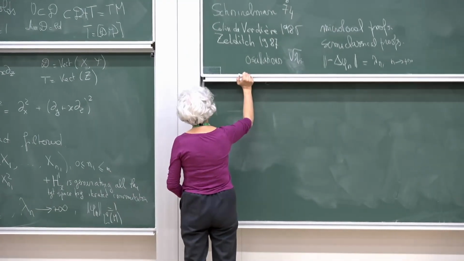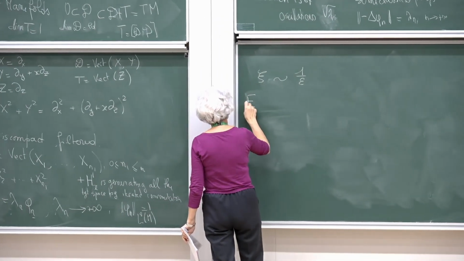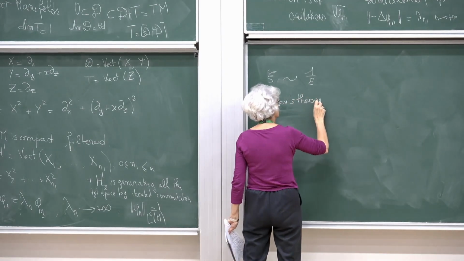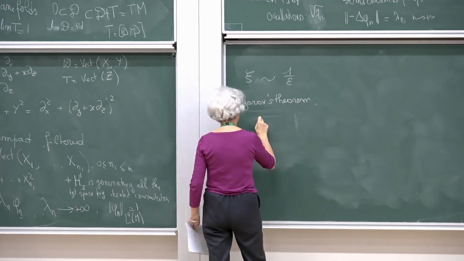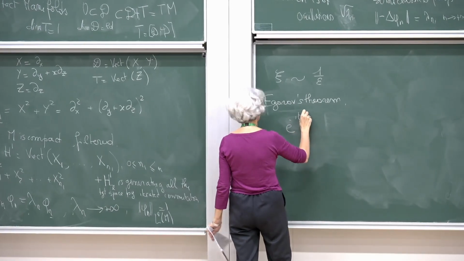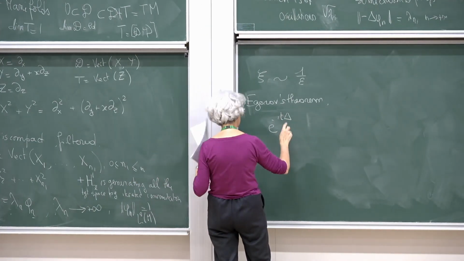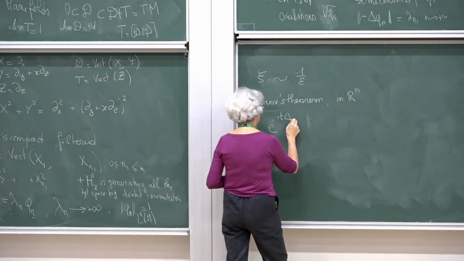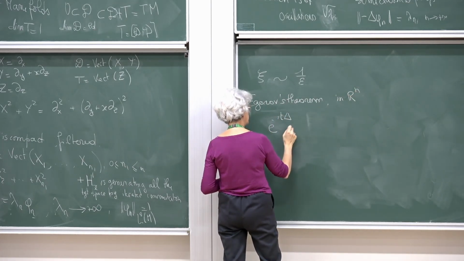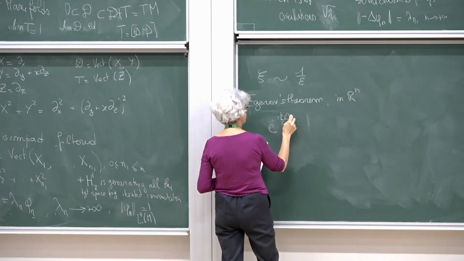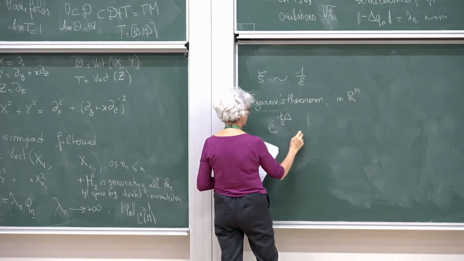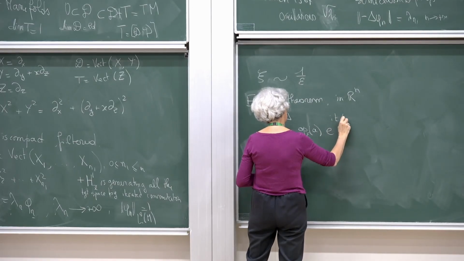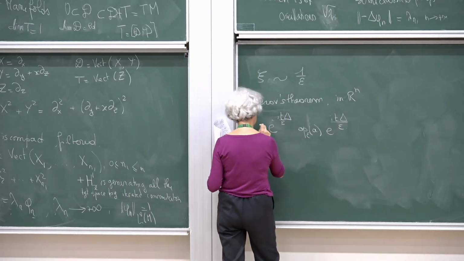And this relies mainly on what is called the Egorov theorem. If I look at the evolution through my operator, let's write it in R^n. I look at this propagator, because it's scaled in a good manner, and I look at this conjugation.